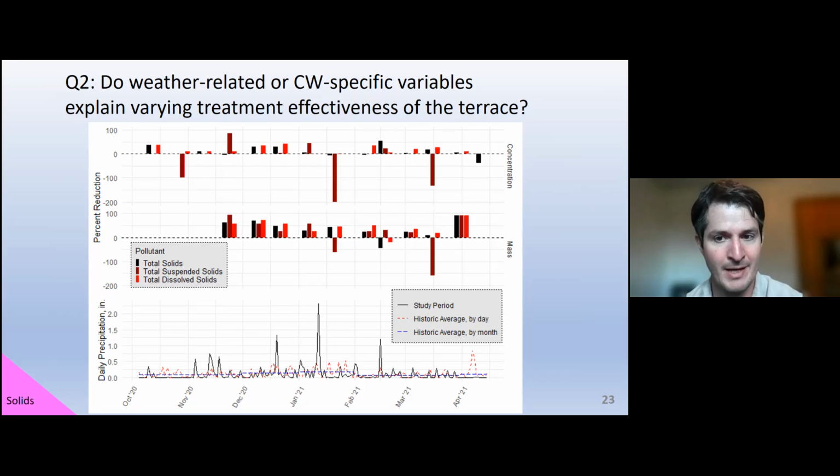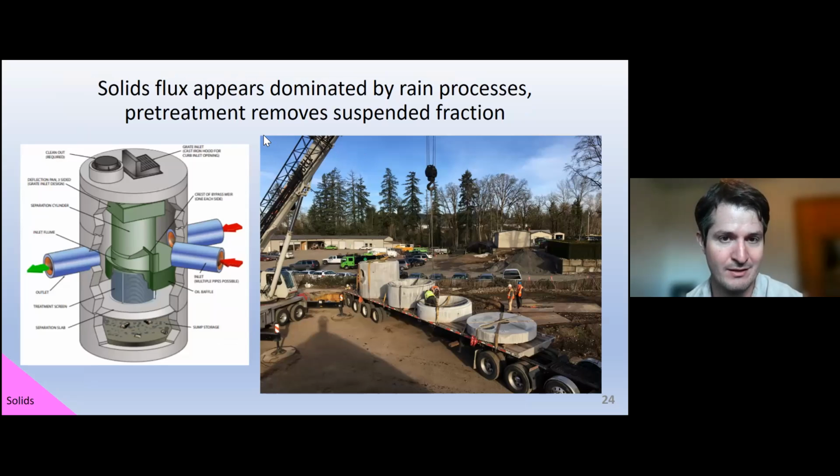Why are the mass reductions typically higher than concentration-based reductions? I gave a hint earlier. I'm sure you already know the answer, but what might explain why TSS is never really even entering this system from a really industrialized catchment?